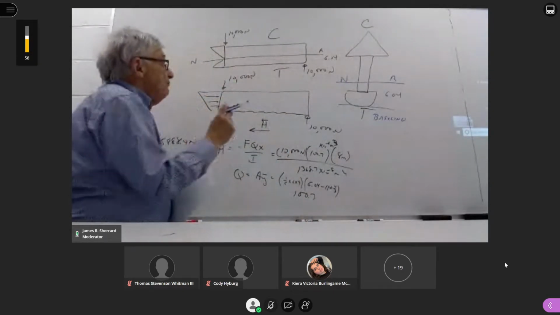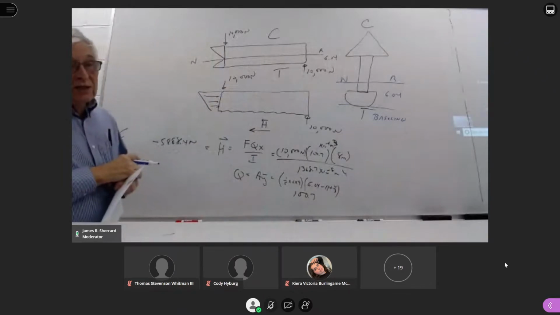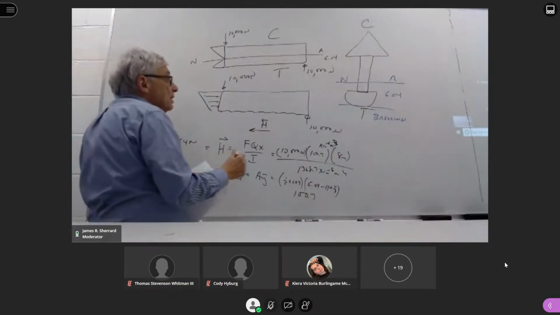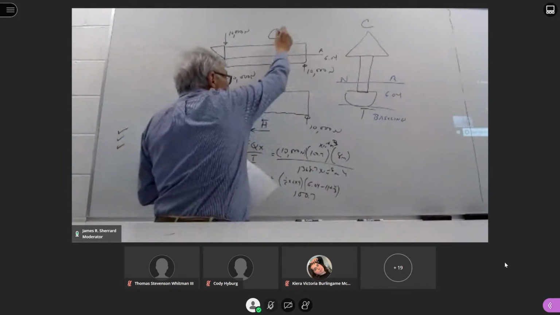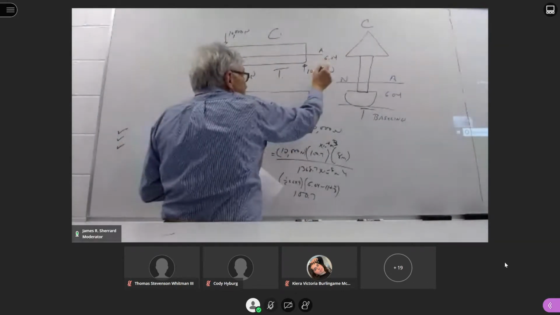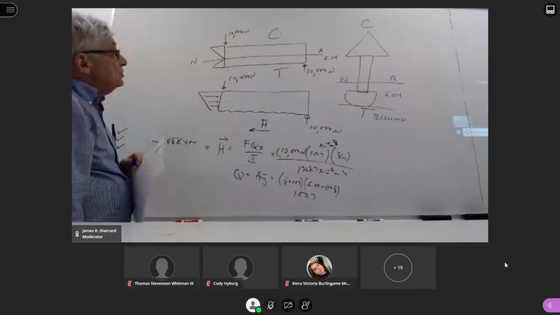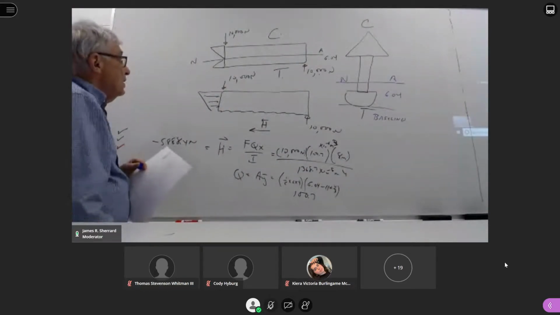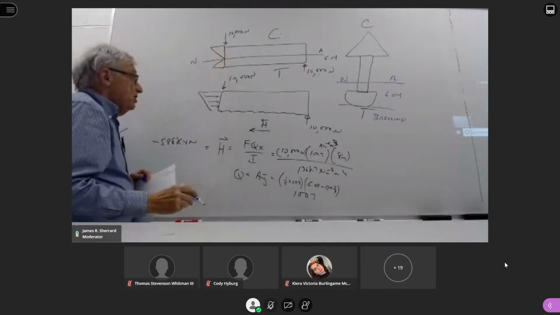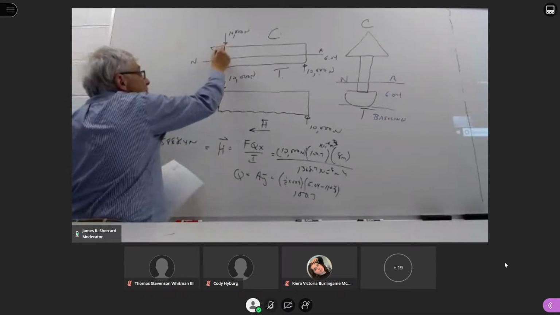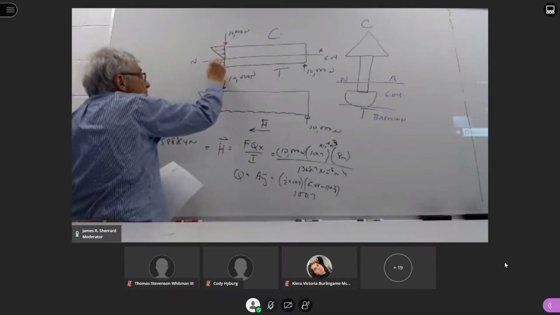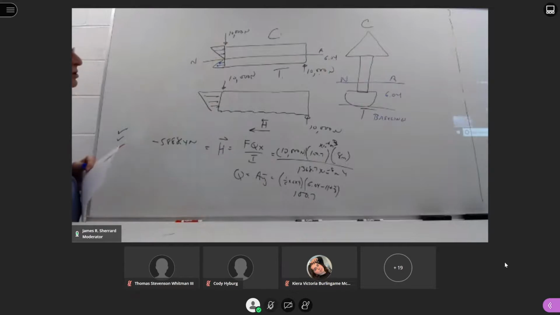If I go back to a force and stress free body diagram, I have tension on the bottom, compression on top. I have my 10,000 newtons acting up here, 10,000 newtons acting down there, because the sum of forces in the y direction equals 0. I have my stresses here, which are going in that direction because of the loading.